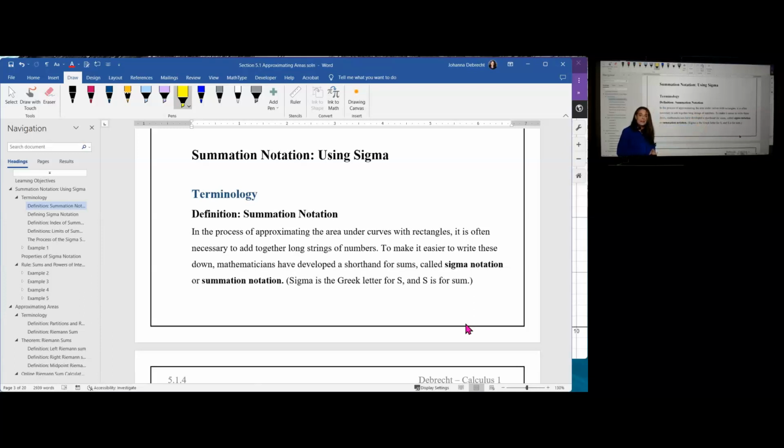S for sigma, S for sum. We use sigma notation or summation notation to add together long strings of numbers, such as the area of the 32 rectangles in the previous picture.